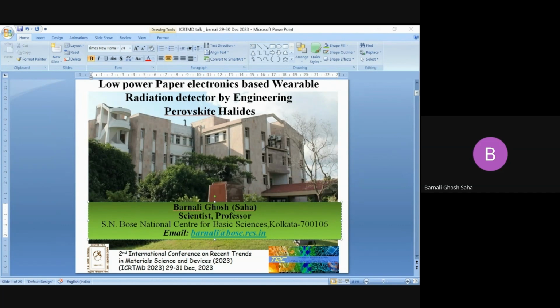Then we do physics of perovskite oxides and halides. Then we are also working in semiconductor optoelectronics, microscopy and cross-sectional surface and interface studies, and device fabrication by nanofabrication using different lithographic techniques using E-beam and ion beam lithography. Along with the basic research work, we are also working with my students on application-driven research for technology commercialization.